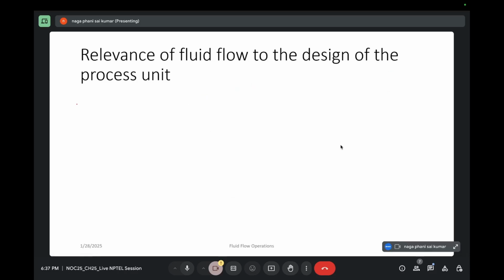So first one, what is the relevance of fluid flow for design of process units? First is to design pipelines. Only if you connect one process to another process will fluid be flowing, right? In order to transport fluid from one place to another place, you will be needing design of pipes.